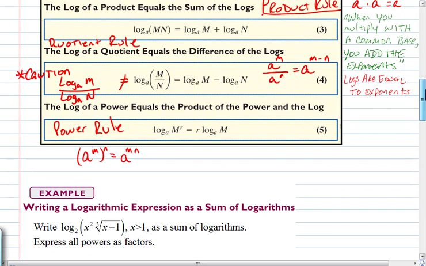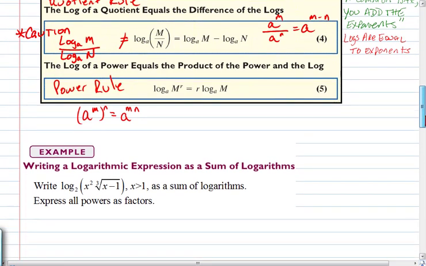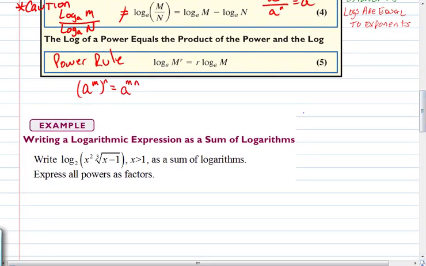So we're going to use these properties now. Hopefully you have them written down, and we're going to use them to expand the sum of the logs. The process we're going to go through will be the same every time, and it will make your job so much easier. It'll take the quotient rule out of play, first of all. So your first step to expanding is rewrite the argument so that there's no radicals. We're going to use rational exponents. And if we had a quotient, we'd get rid of the fraction.